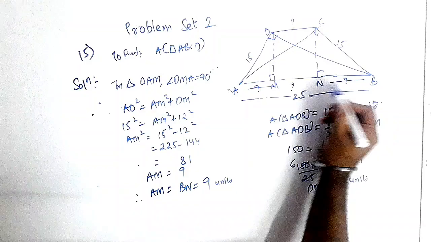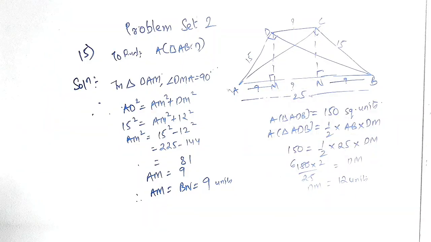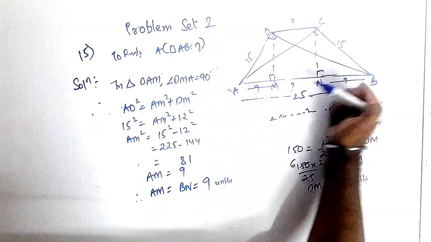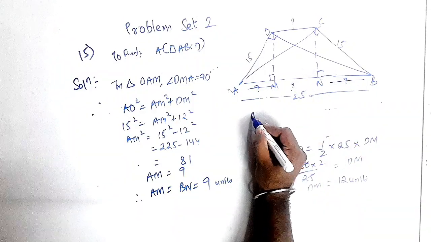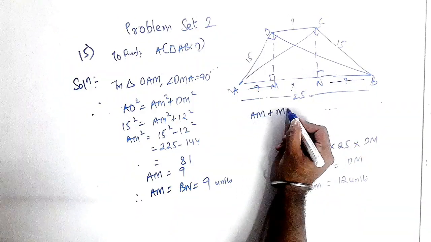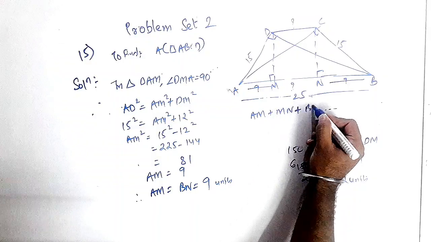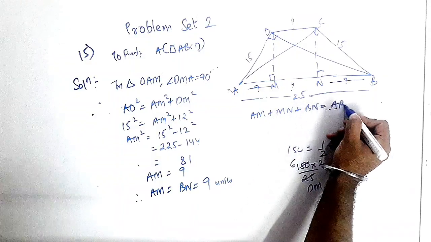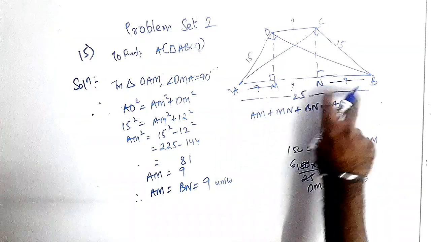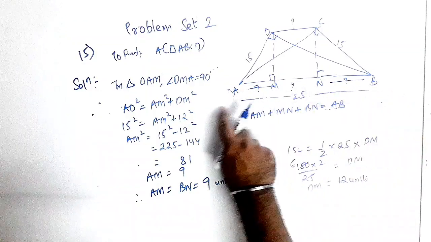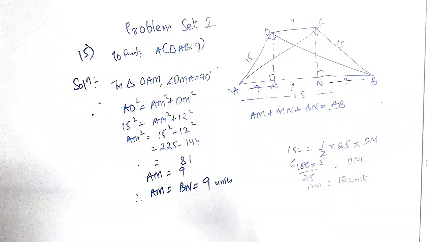Now if this is 9, this is 9, can I find this? Very easily I can find. How? Just see. AM plus MN plus BN is equal to AB. Correct? This plus this plus this is equal to the whole bigger side, AB, that is 25.